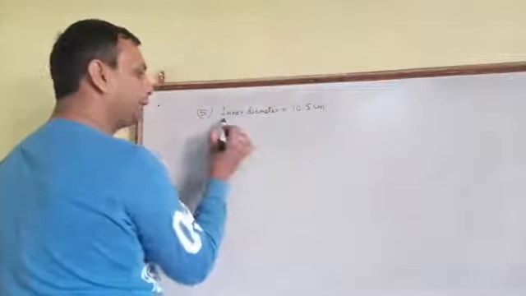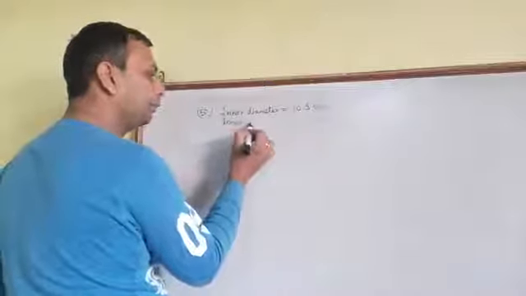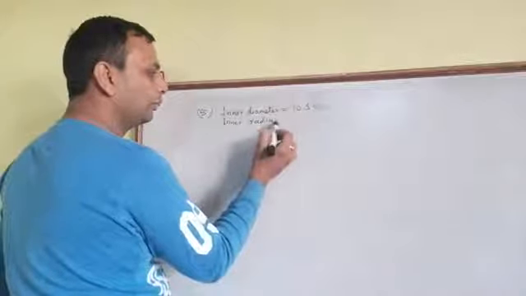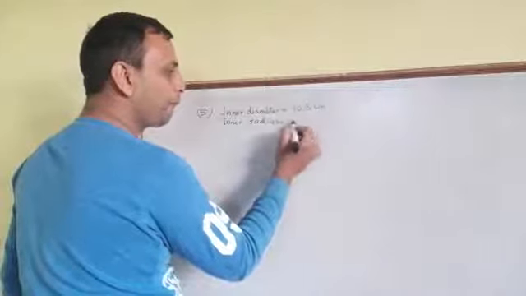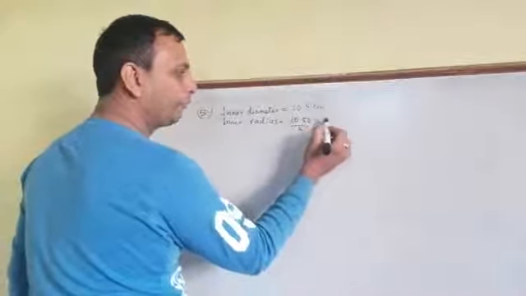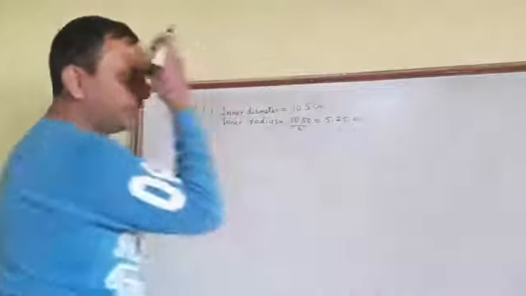If the inner diameter is 10.5 centimeter, then the inner radius will be half of the diameter. So half of 10.5. I already told you how to find it, put the zero.